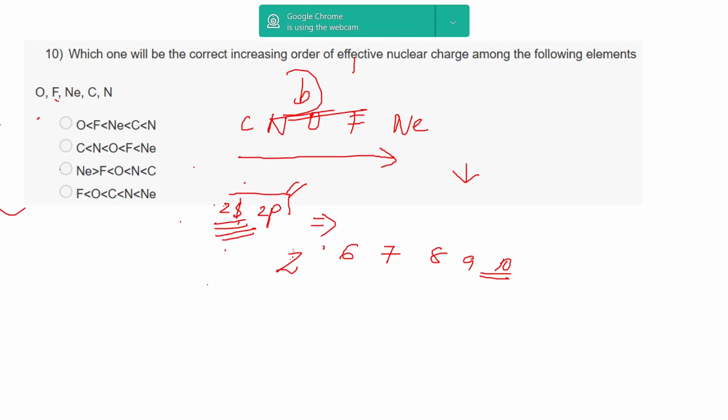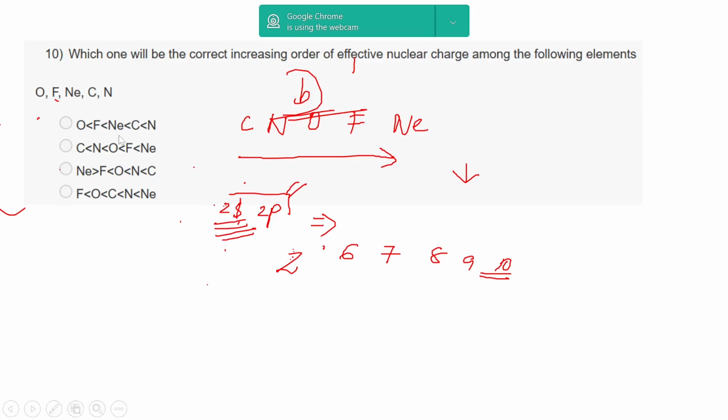So this one was which is the increasing order of effective nuclear charge. These are the second period elements, and if we arrange them in order of atomic number, it is C, N, O, F, Ne. And if we go from carbon to neon, the number of shells is not increasing. It is essentially 2s 2p for all, but we are adding more electrons to it. And the nucleus is also gaining more charge, right?